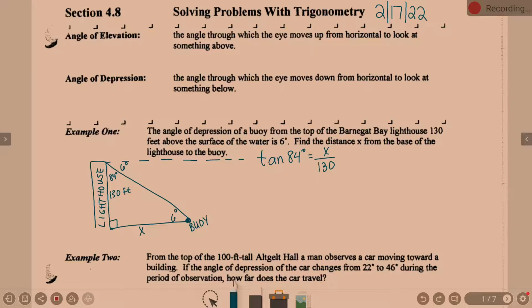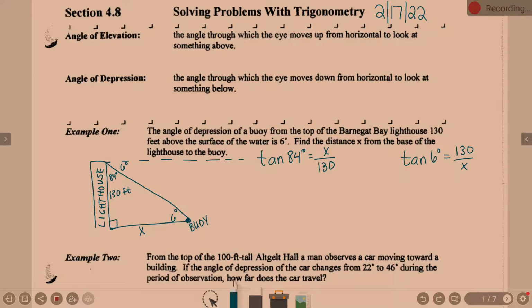So another option that is equally correct is to say the tangent of 6 degrees is equal to 130 over x. Sorry, I said 130 over 6. Does it matter which of these you solve? Absolutely not. They both get you the same answer eventually.